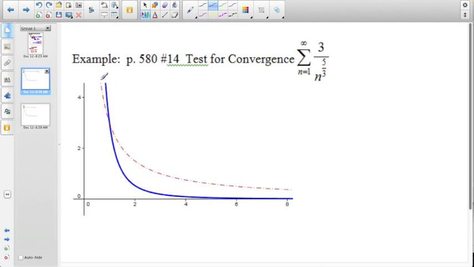I have sketched in this red dashed line, and if we look at this as n equals 1, this value is 3, so we're up here at 3.